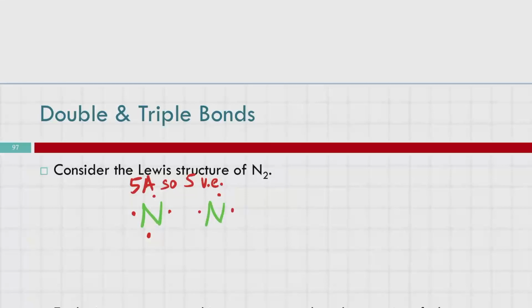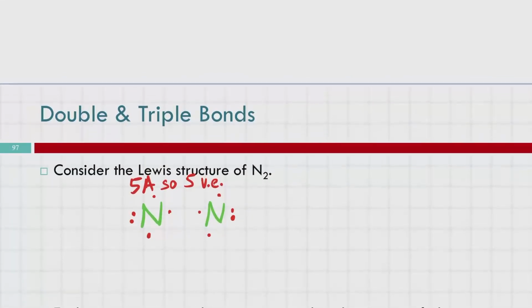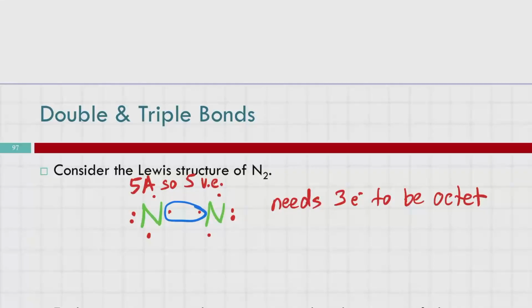So 5 dots would look like that. If they have 5 dots, how many more dots do they need to be happy? We need 3 more to be happy. Three more to be octet. So share a bond. Now we've got a bond.